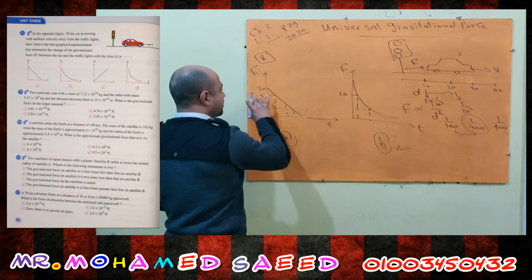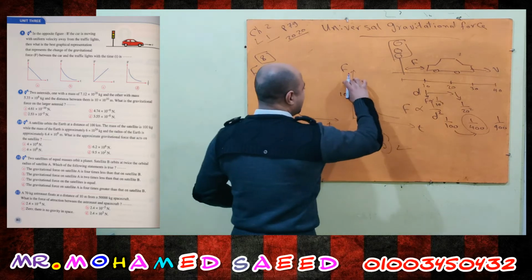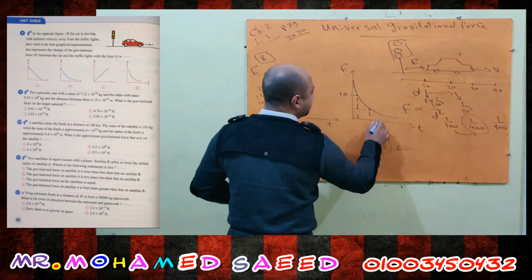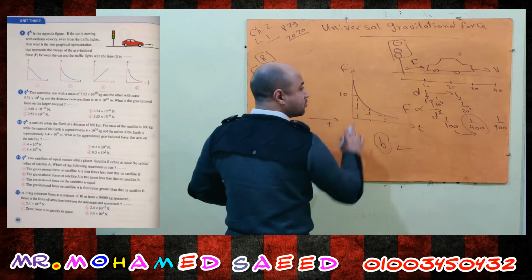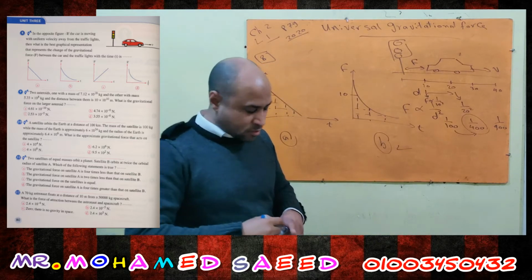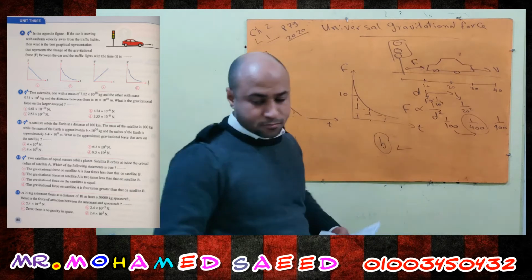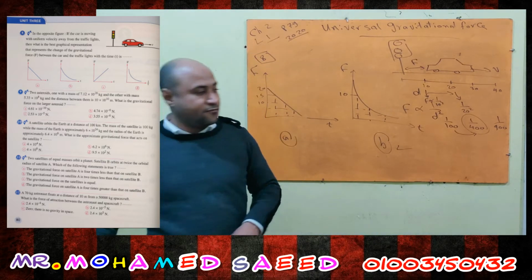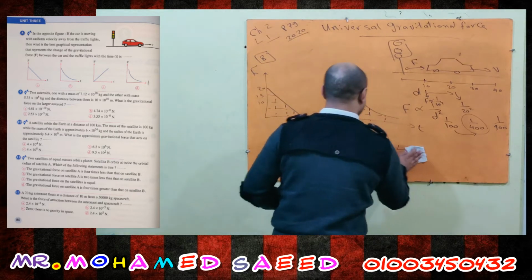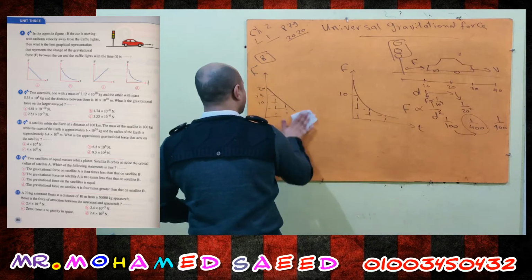So it decreases with equal amounts, but in this case it decreases in a non-uniform way. بتقل بمقادير غير متساوية. So the true answer is B, because the force is inversely proportional to the square of the distance between the car and traffic lights.